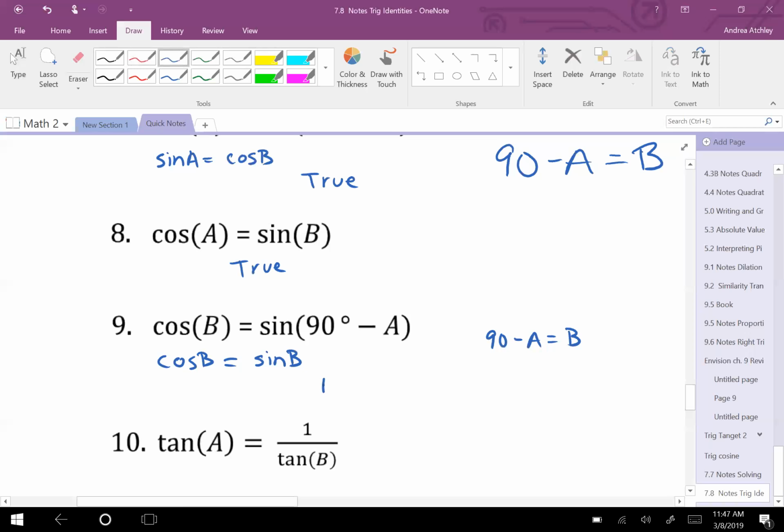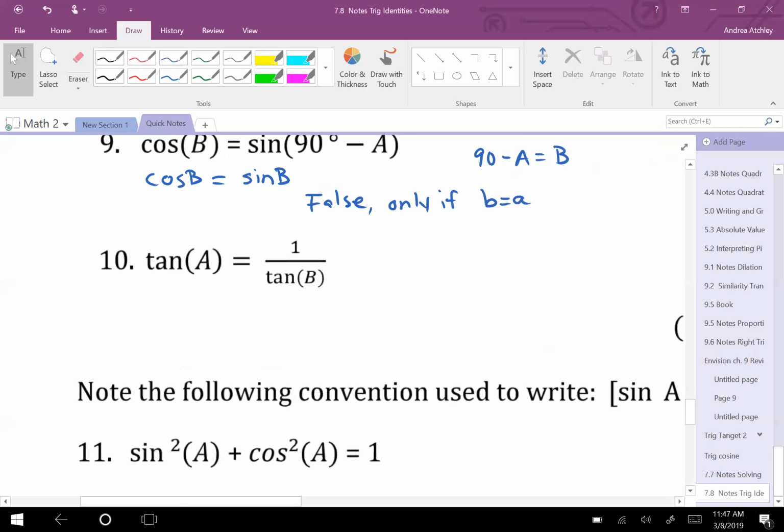So this is false. Again, when would that be true? Very good. Only when the two sides are congruent. Okay, how about 10? Tangent of A equals 1 over tangent of B. True. We already proved that, right?